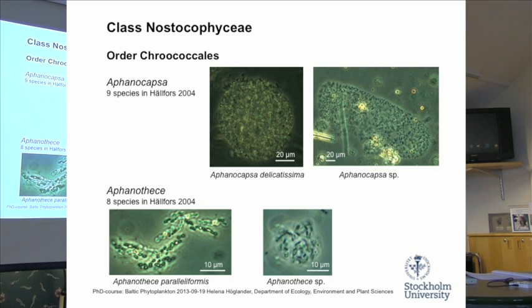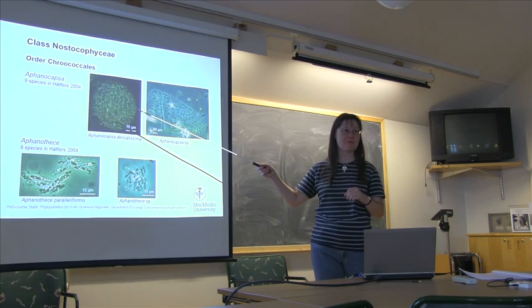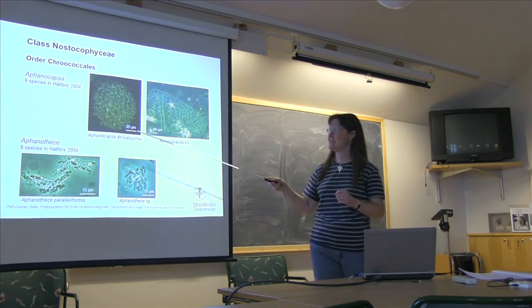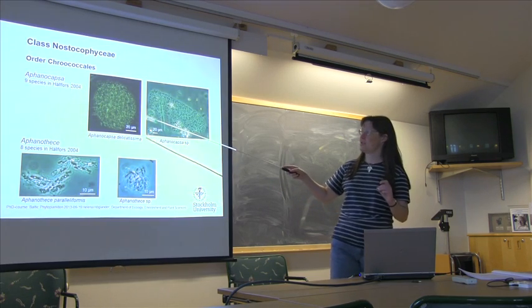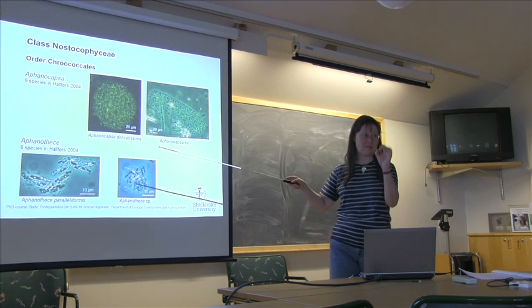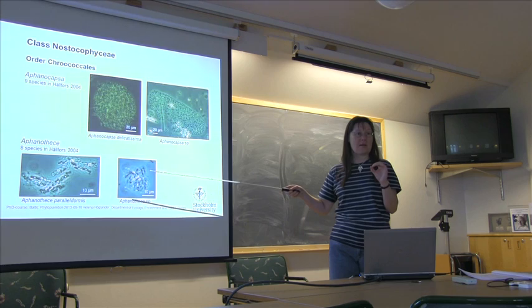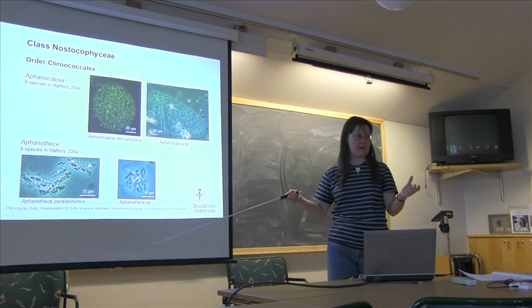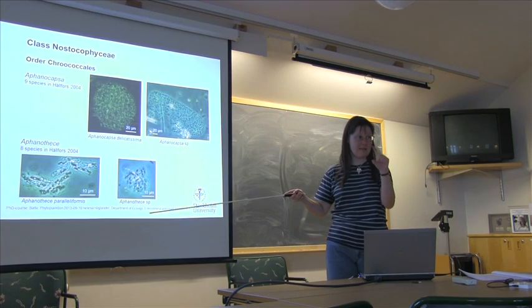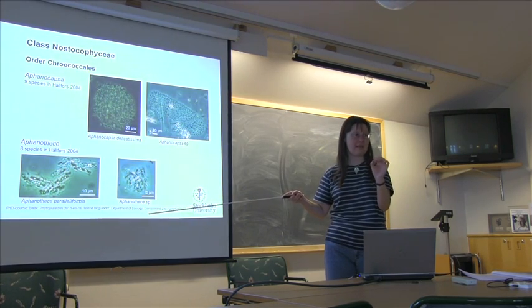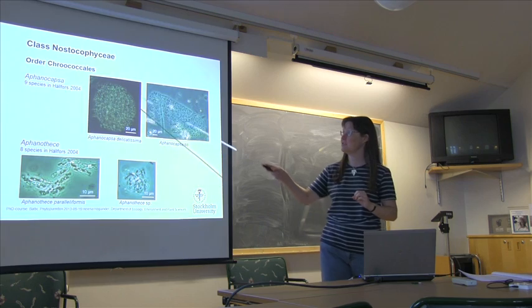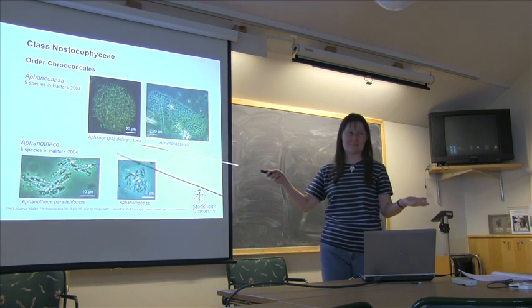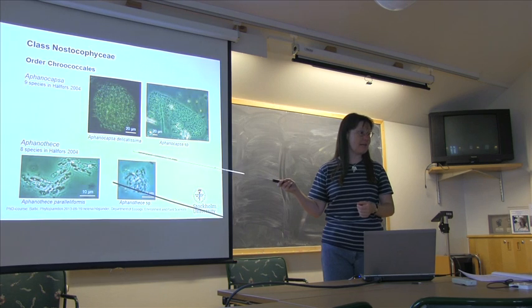If you are counting this, it's very tedious to count all the cells in the colony. So usually you approximate how much you have in one field, and you count, for example, units of 100 cells, and you know that this part of the colony is 100 cells, and then how many of those you have in a colony, and then you try to approximate. But for these, I can say it's quite arbitrary.